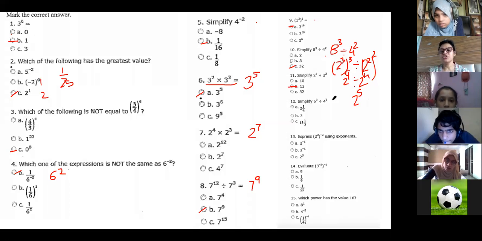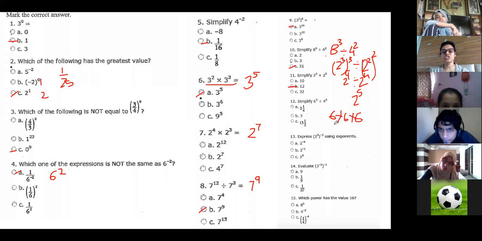Okay. Now here you have 6 cube divided by 4 square. In this type of question, you can do it like this also. Write 6 into 6 into 6, 3 times 6. Divided means you can write it in the denominator. Because here you don't have the same base, only square is there.